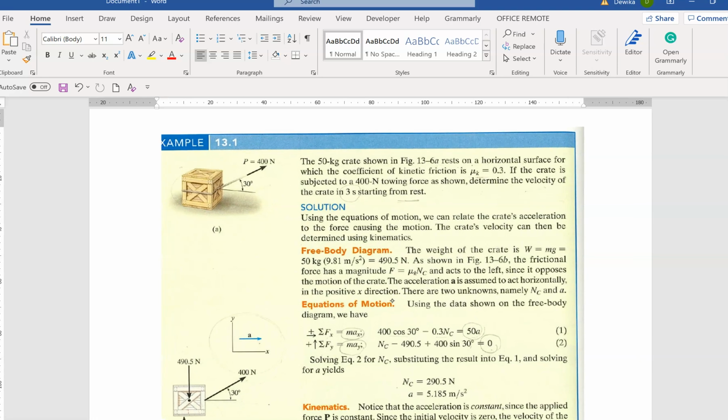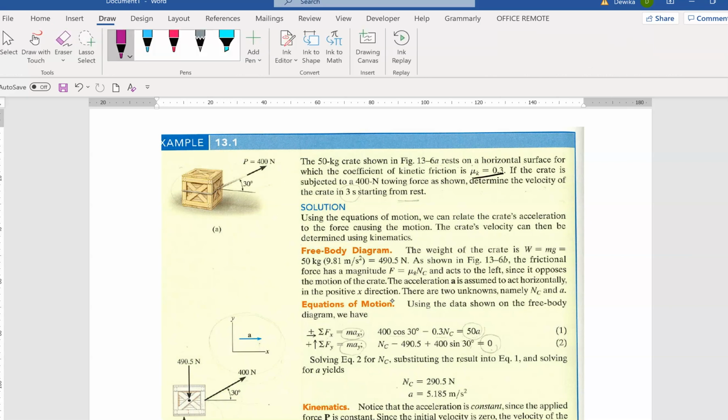So a 50 kilogram crate, as shown here, rests on a horizontal surface for which the coefficient of kinetic friction, mu k, is 0.3. If the crate is subjected to a 400 Newton towing force as shown, determine the velocity of the crate in 3 seconds starting from rest.